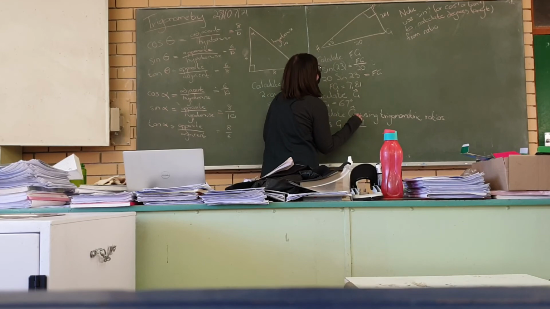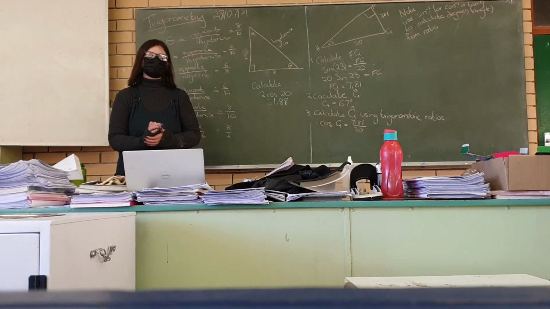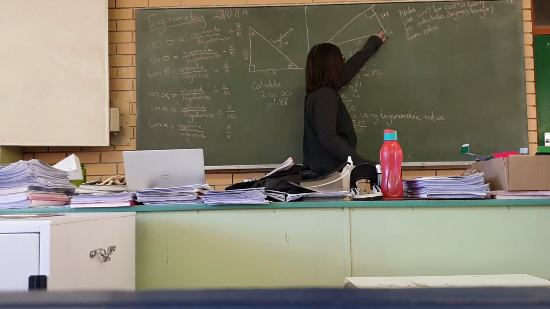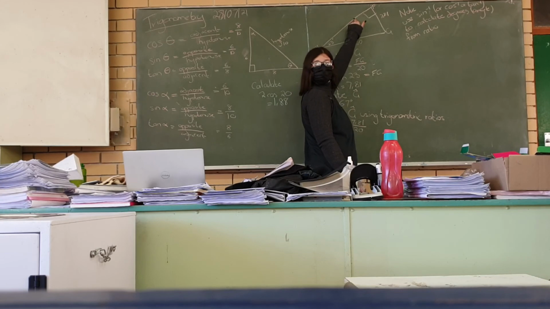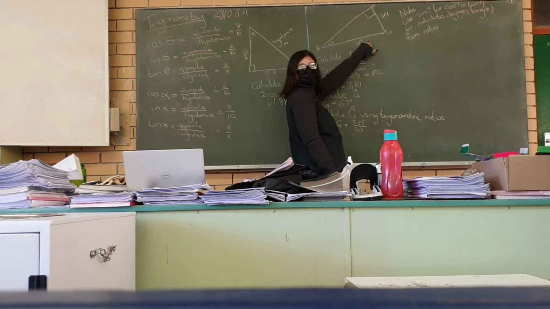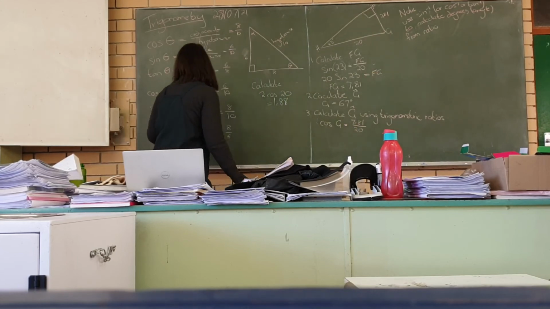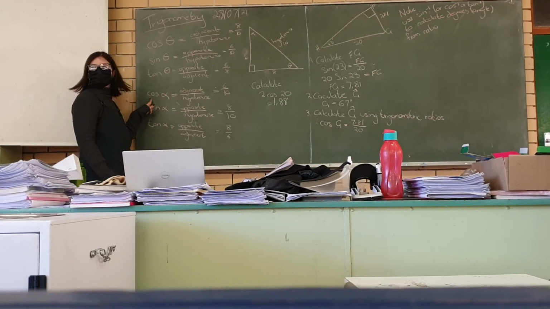How do I know whether I must use cos, sine, or tan? It's because I look at my angle here. That is my opposite, this is my adjacent, and this is my hypotenuse. My hypotenuse always remains my hypotenuse, so it depends on what I've got. I've got adjacent and hypotenuse, so I use cos.